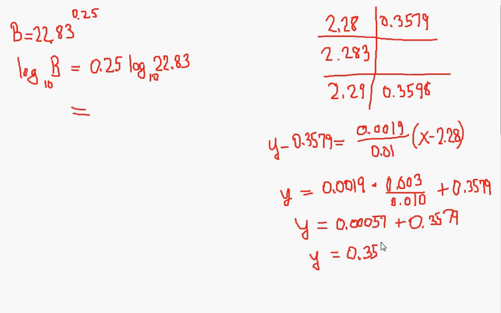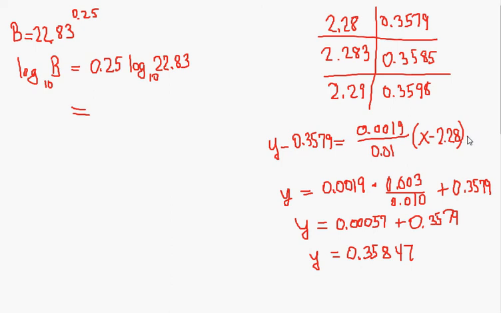Okay, so adding 5.7 on here gives me 8.47. And then rounding to 4 decimal places, it is 0.3585 to 4 decimal places.